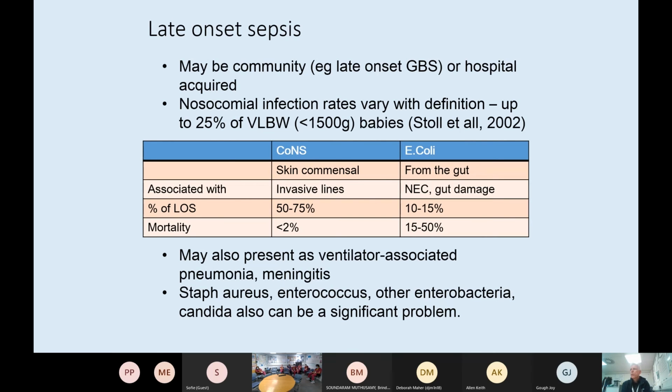The two most common organisms we get here on our neonatal unit for late onset sepsis are coagulase negative staph and E. coli, although there are a lot of other bacteria also. Other gram positives, in addition to coagulase negative staph, include a moderate amount of Staph aureus, fortunately not very much MRSA, and Enterococcus.